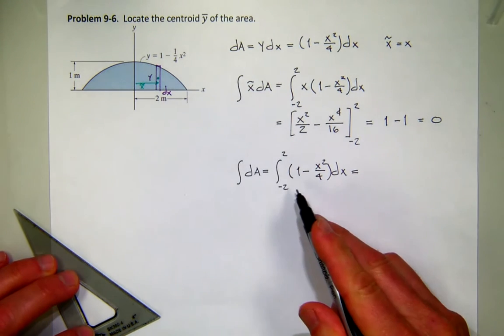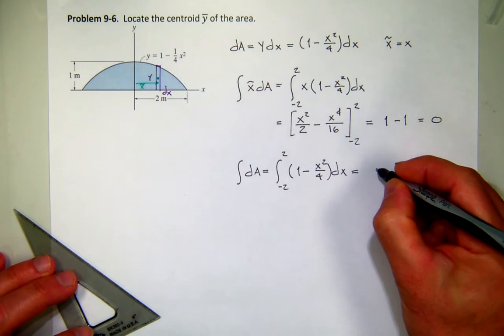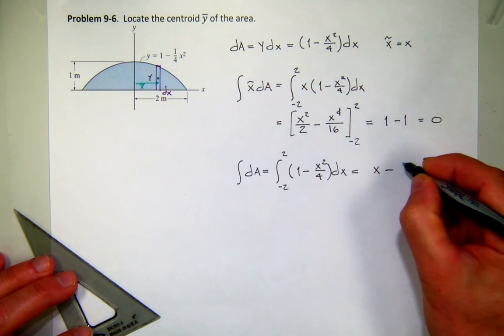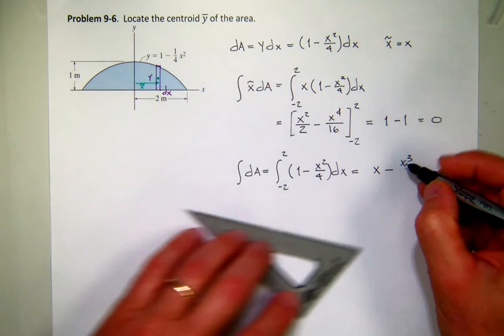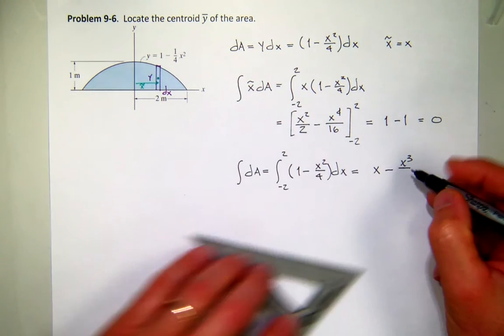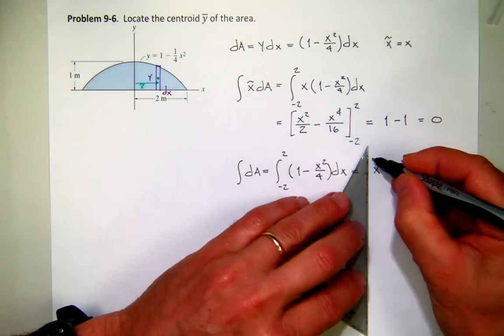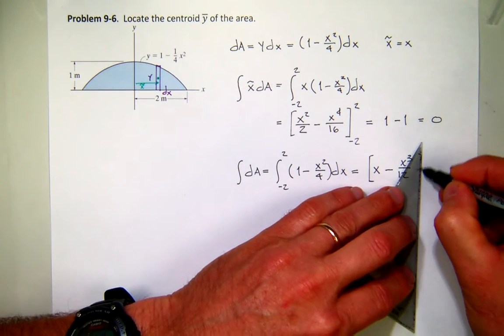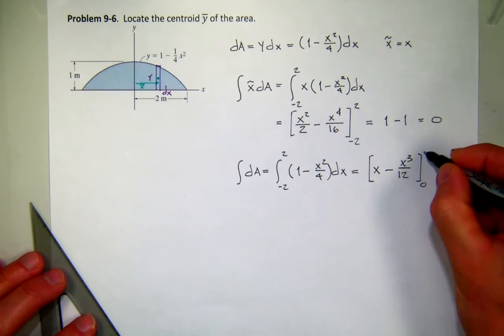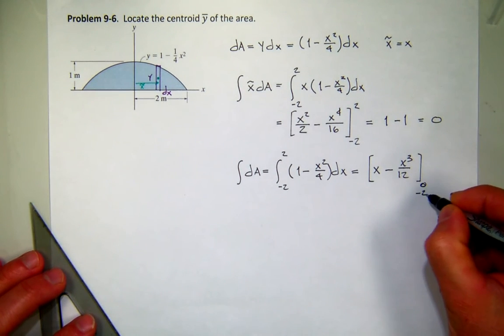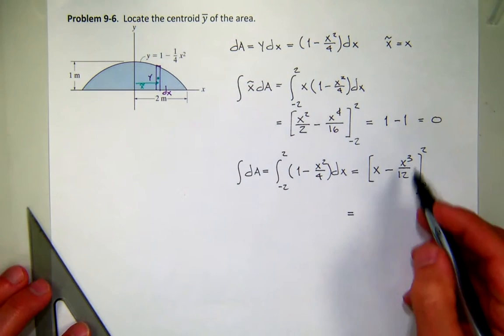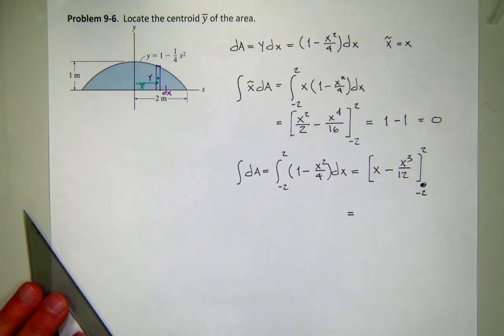So in this case, that would be x minus x cubed divided by 12. And let's evaluate that from minus 2 to 2. I think now because they're odd, it'll work out.